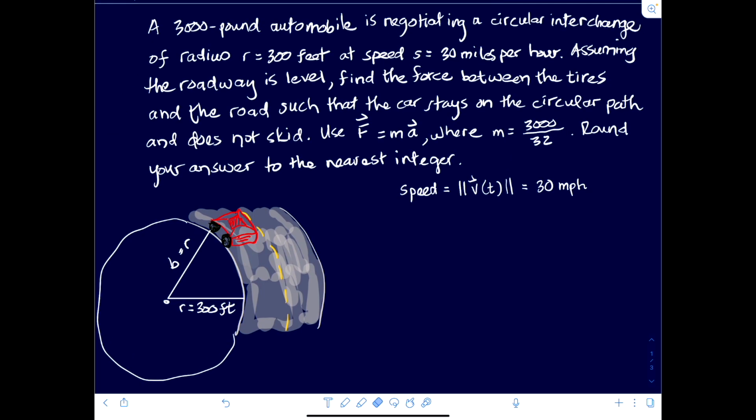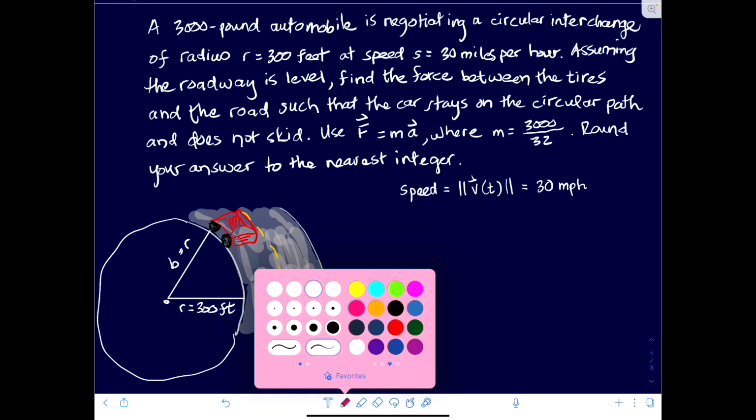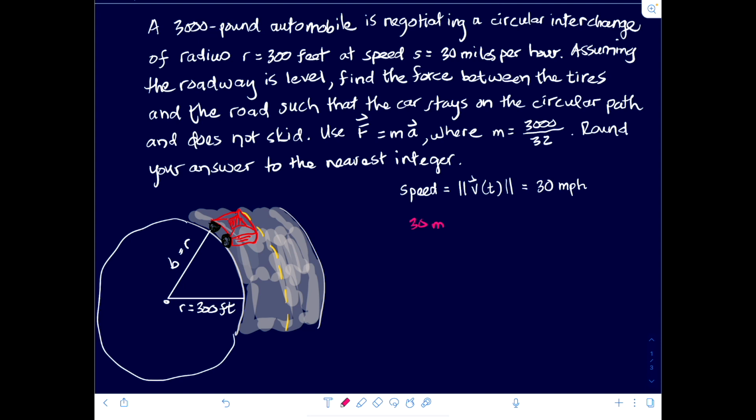So we can say 30 miles per 1 hour. And we usually will get this in terms of feet per second, because we're going to be dealing with that. That's just the typical units. So we want feet per second.